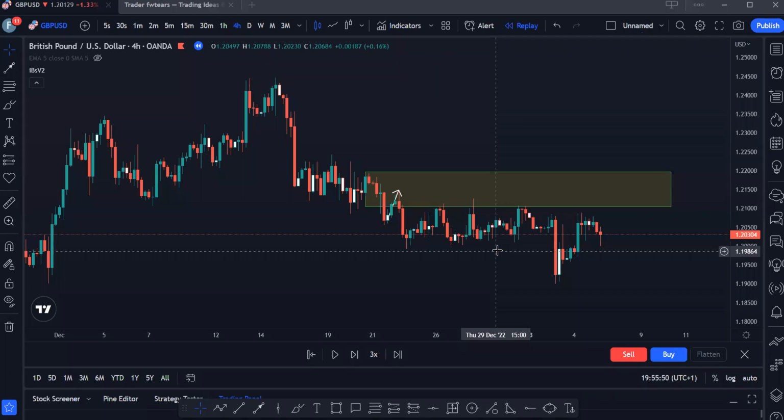Yesterday, the assignment was for you to go to any currency pair and start identifying support zones and resistance zones. Know how price is reacting at support and resistance.